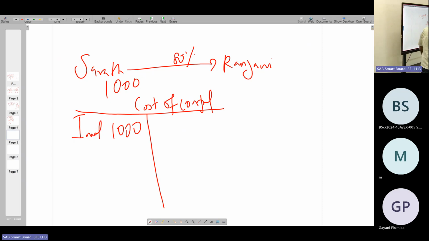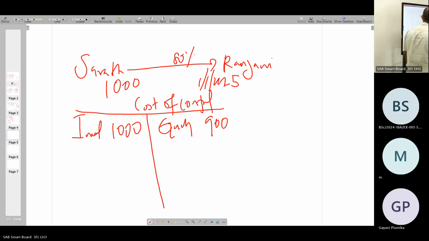On 1st of January 2025, Sarat acquired Ranjani's 80% of equity. So equity, let's say 900.